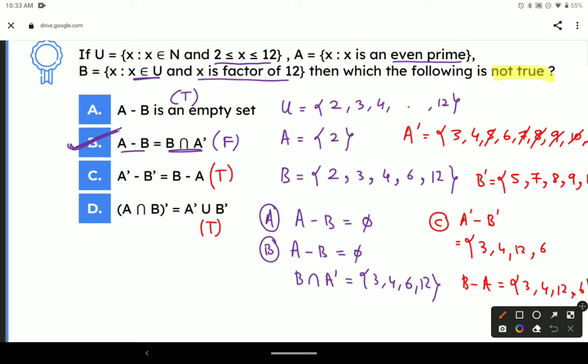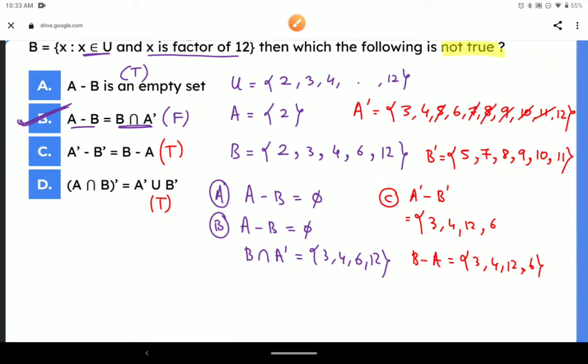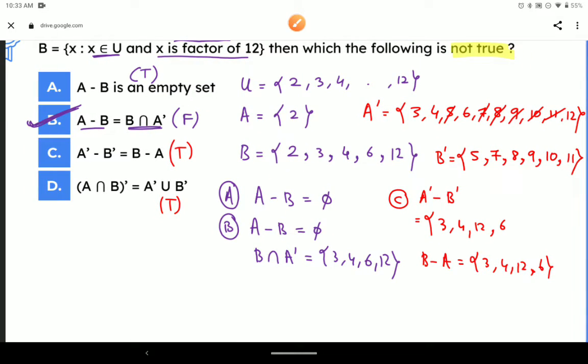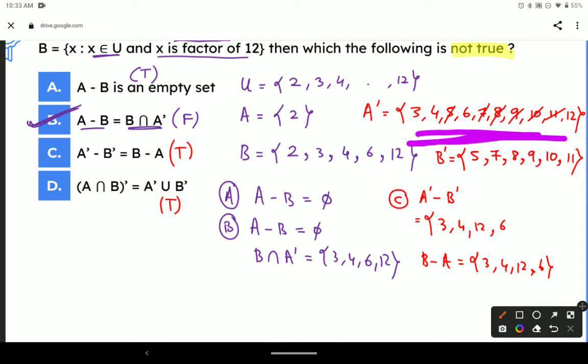Second one, A minus B is a null set. B intersection A complement. A complement means 3, 4, 5, 6, 7, 8, 9, 10, 11, 12. It results like this. This is A, guys. This is A complement.